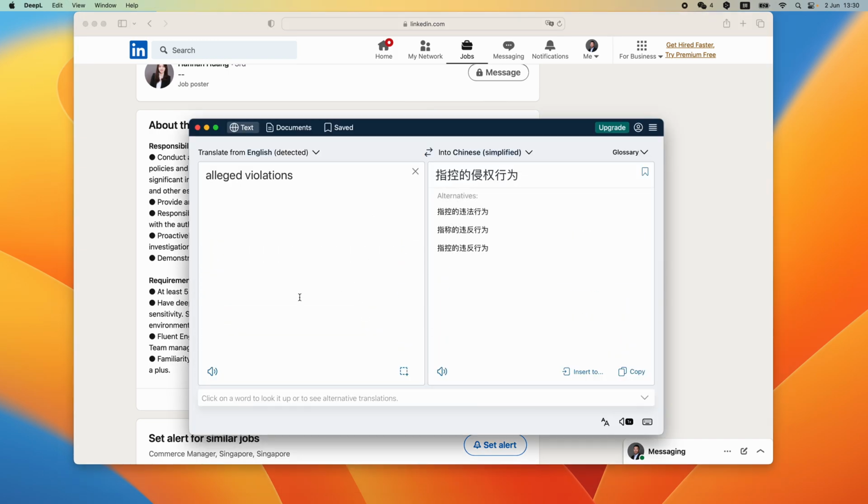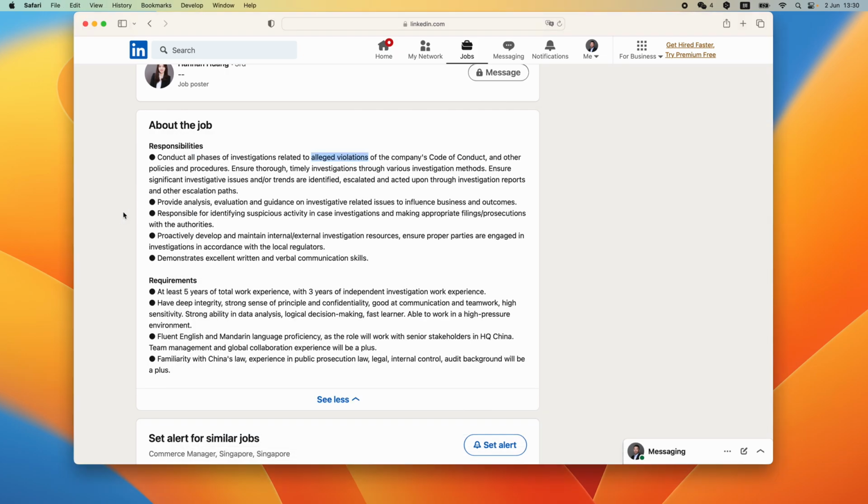This is mainly important. Demonstrate excellent writing and verbal communication to deal with the case about the alleged violations.